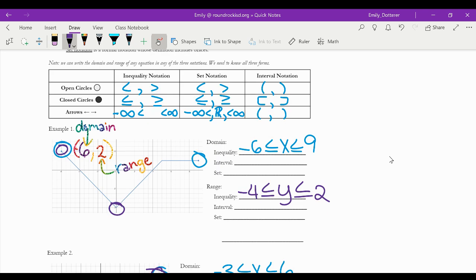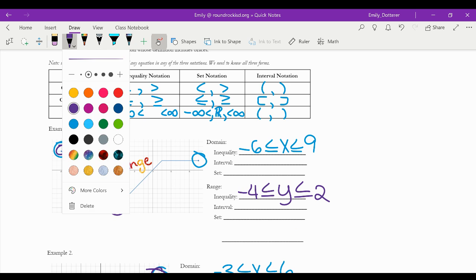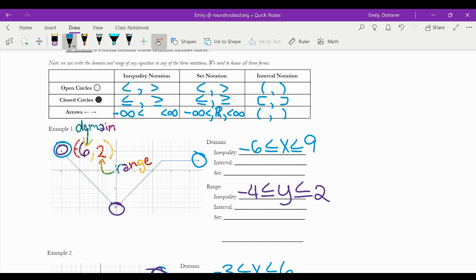Now let's look at interval notation. We're going to end up using the same values, it's just going to be written a little bit differently. So because we have those closed circles, we're going to use brackets. So those are the ones that look like half a square. And it'll be -6, 9.